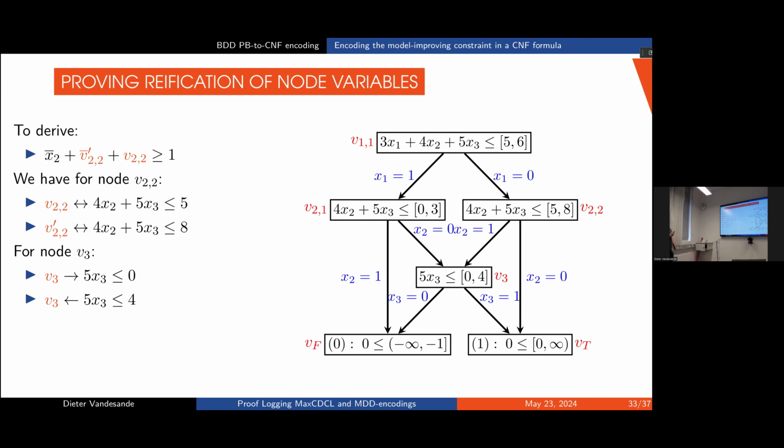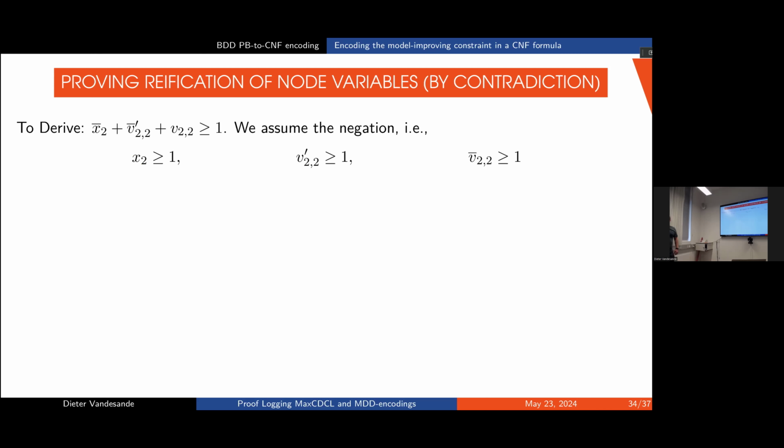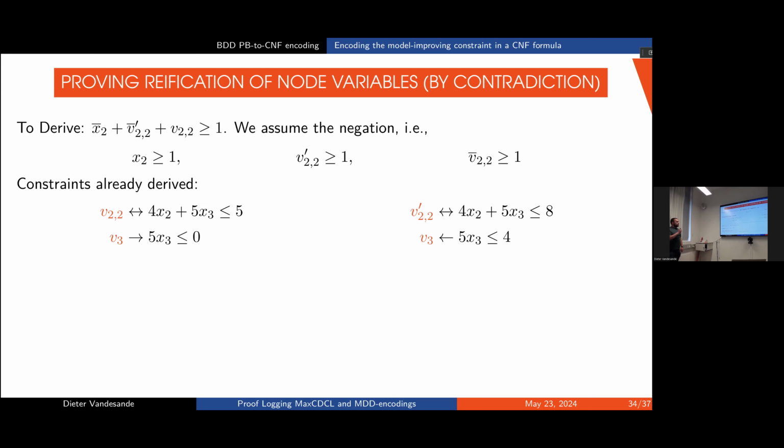So these are the constraints that we need to use. And we do this by contradiction again. So we will prove this one by contradiction. So we will assume the negation. So we can assume that X2 is true, V prime is true, and V is false. And those are the constraints that we have.